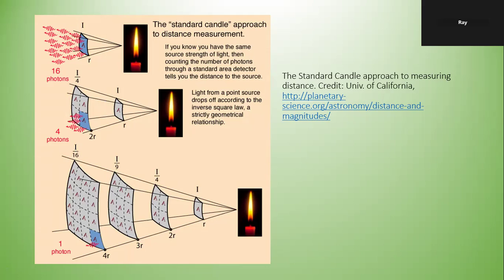So the intensity becomes I over 4 of the initial, so 16 divided by 4 is 4 photons. Then if we go 4 times the distance, 4 times the distance becomes 16, squared, out to 16 times the same area, 16A. So each area there will have only 1 photon.